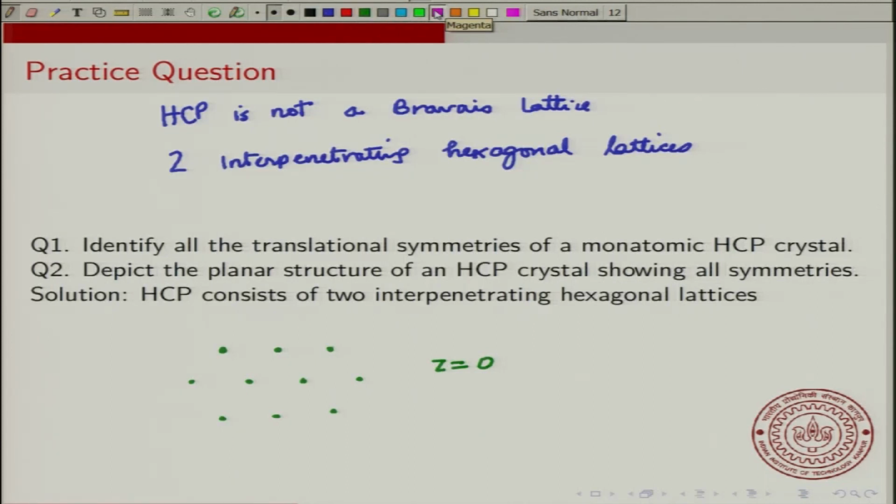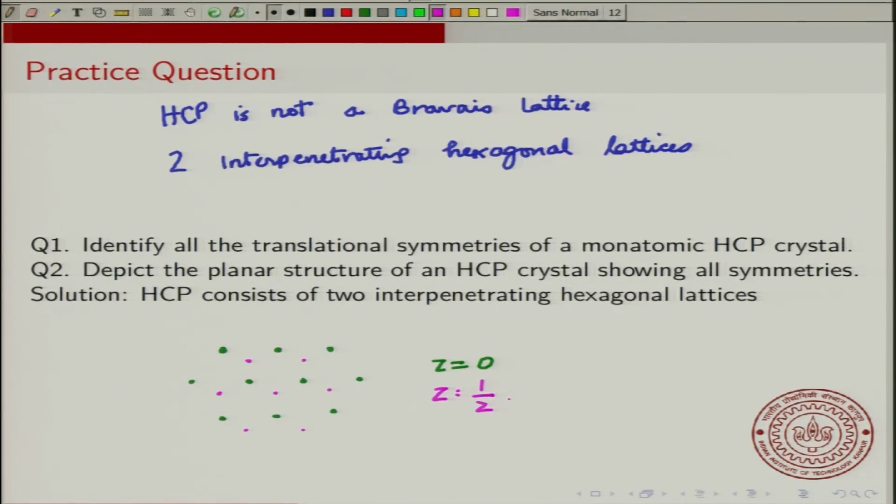The other hexagonal lattice, which will be at z equal to half, will be located this way. So this is at z equal to half.